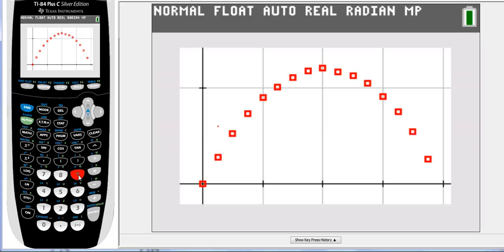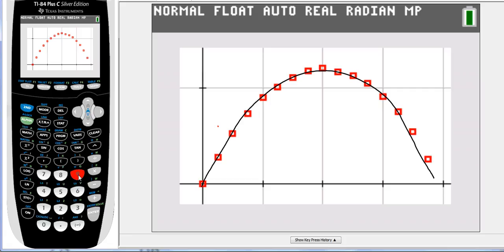There's my data. You can see it's parabola shaped, so I definitely need to do quadratic regression in this case, so that I can come up with an equation for that curve.